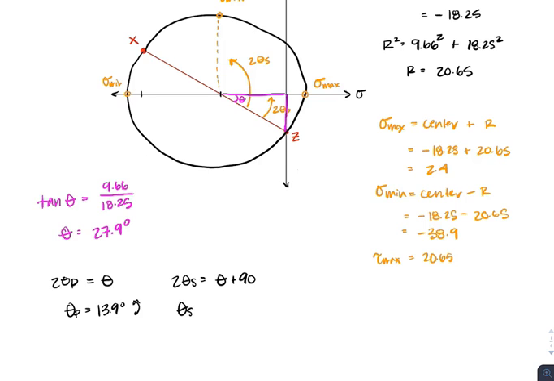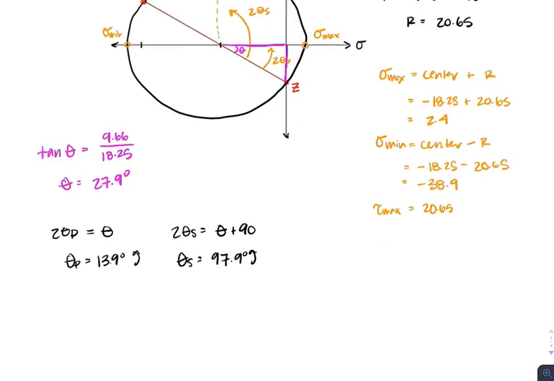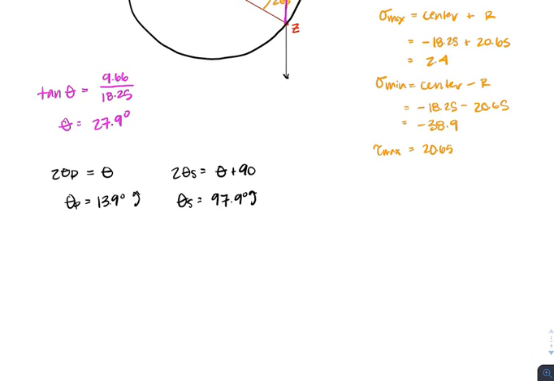So our theta s then comes out to being 97.9 degrees going in the same direction. So now we have our values for our principal stresses and our max shear stresses. We also have the angles that they act over. The only thing we have to do now is put them onto a rotated stress block to show how they're actually acting. So I'm going to draw those down real quick.